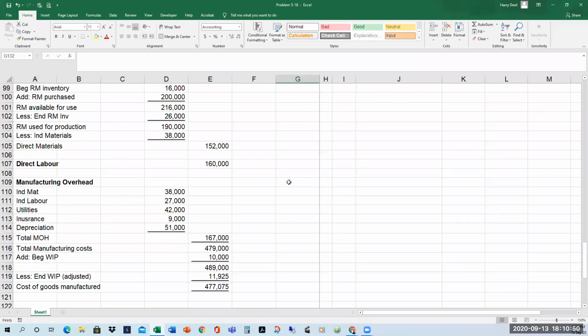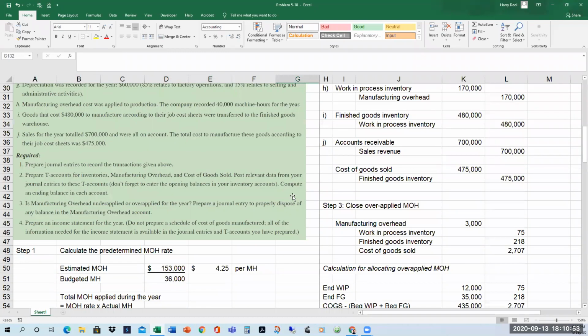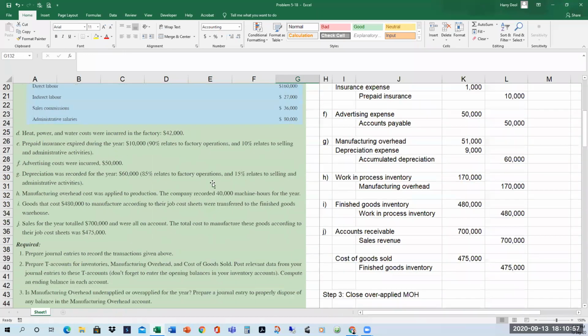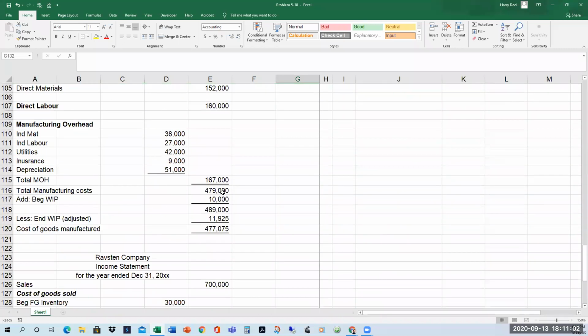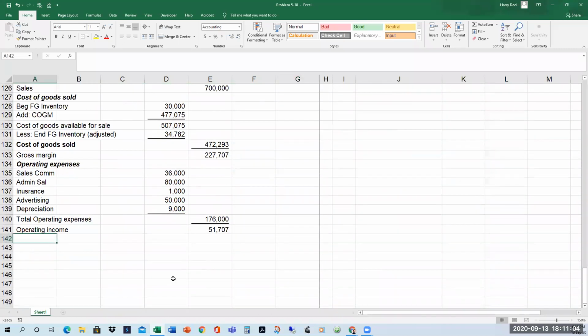Now, sometimes the question will give you a tax rate. For this question, there was no tax rate provided. Say if we were told that the company pays taxes at 15%, suppose. So you will then calculate income tax expense, 15% of the 51,707, that's 7,756.